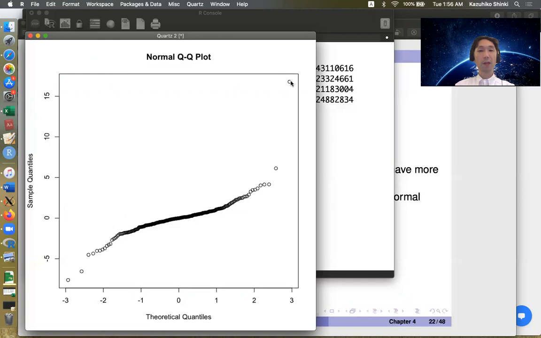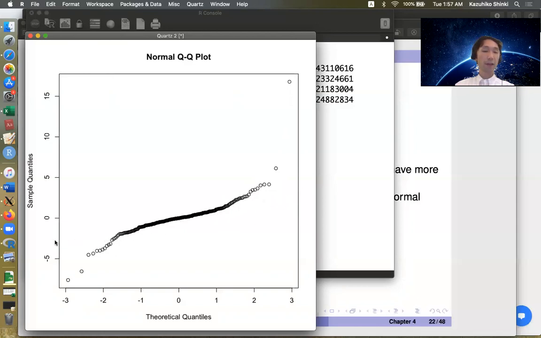The largest observation is much larger, maybe 16 or 17. The second one is also about 7. If the trend line is around here, these observations are clearly larger, and even these observations, maybe from 1.5 to 2.5 in X value, are clearly off the trend line.